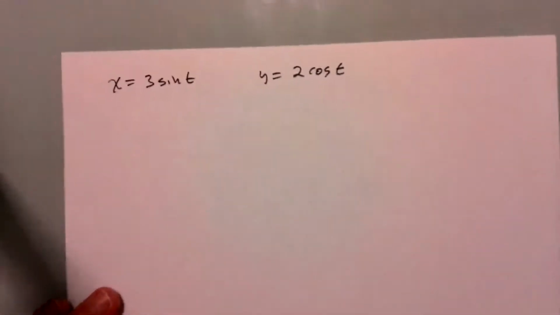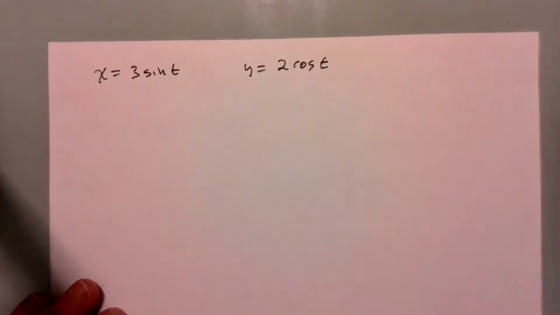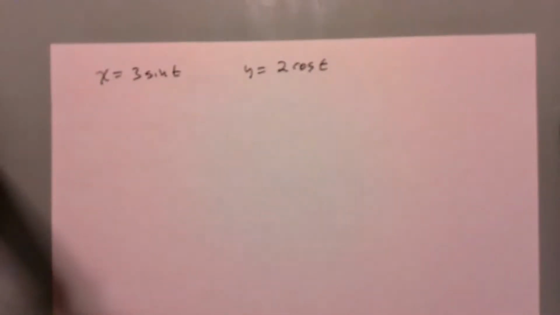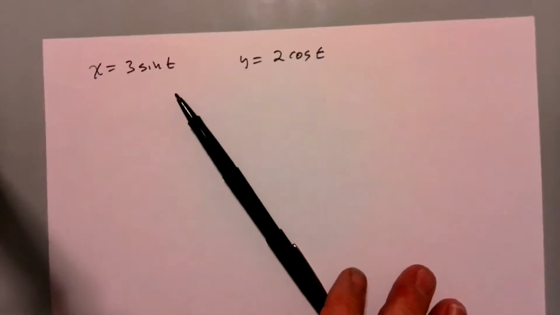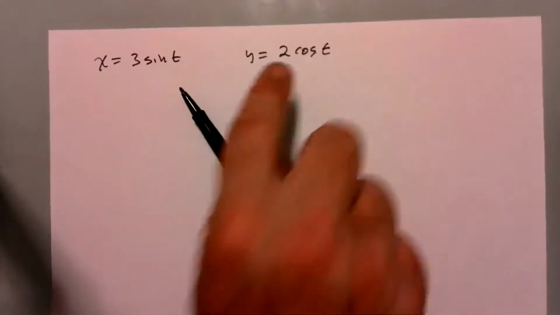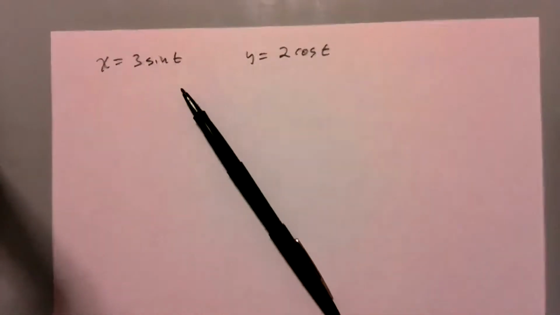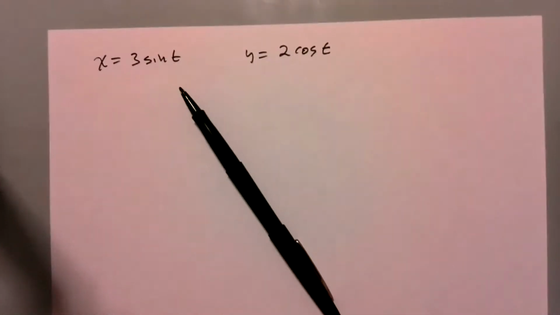So we'll see if anybody is brave enough to guess at what this shape will be. What do you think? Now, the problem is this is 3 and that's 2. So what's the farthest out x goes? What's the farthest out y goes?